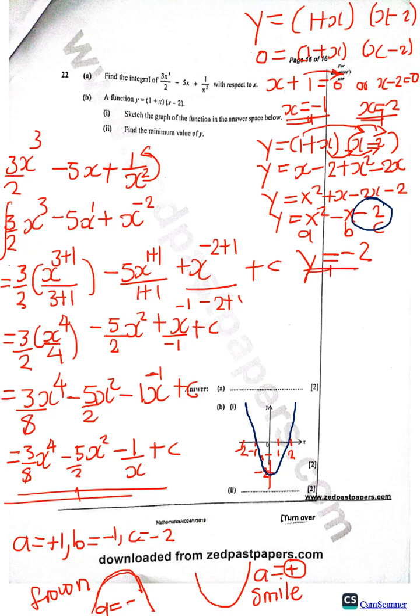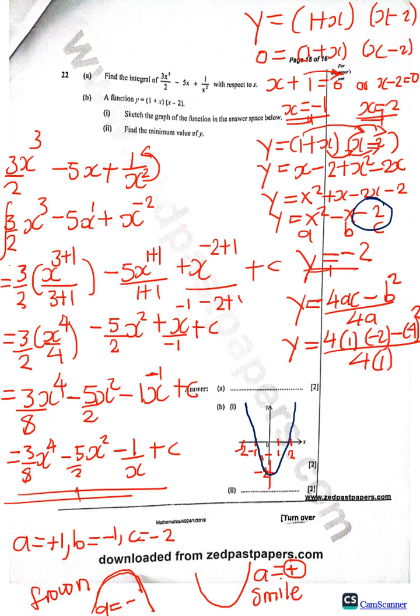Now, for the last part, find the minimum value of y. For us to find the minimum value of y, we are going to find the y-coordinate of the turning point. So the formula is y is equal to (4ac minus b squared) divided by 4a. Let's substitute: a is positive 1, c is negative 2, minus b, which is negative 1, squared, over 4 times positive 1.